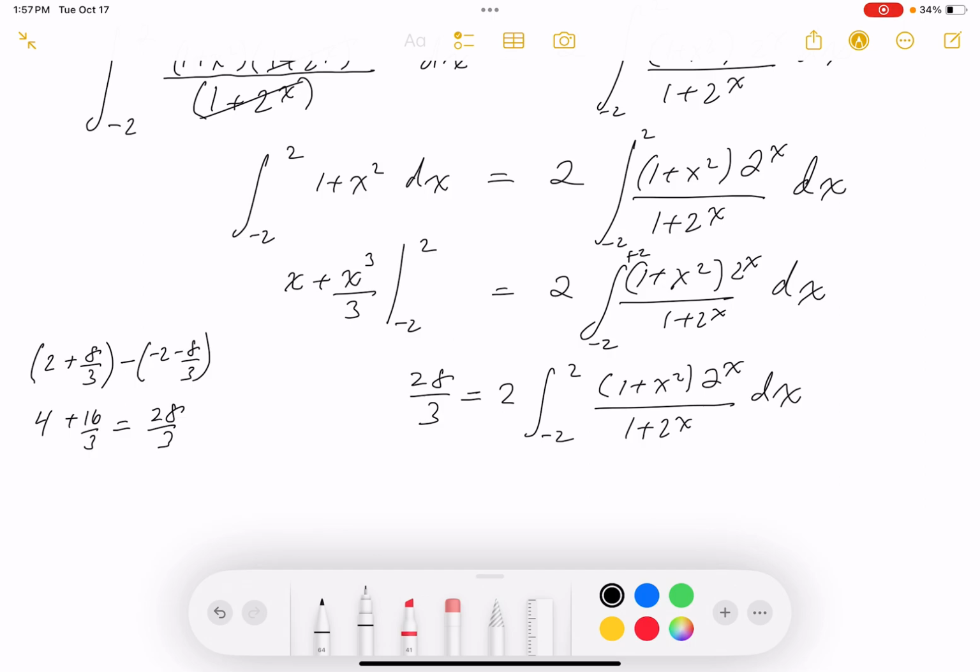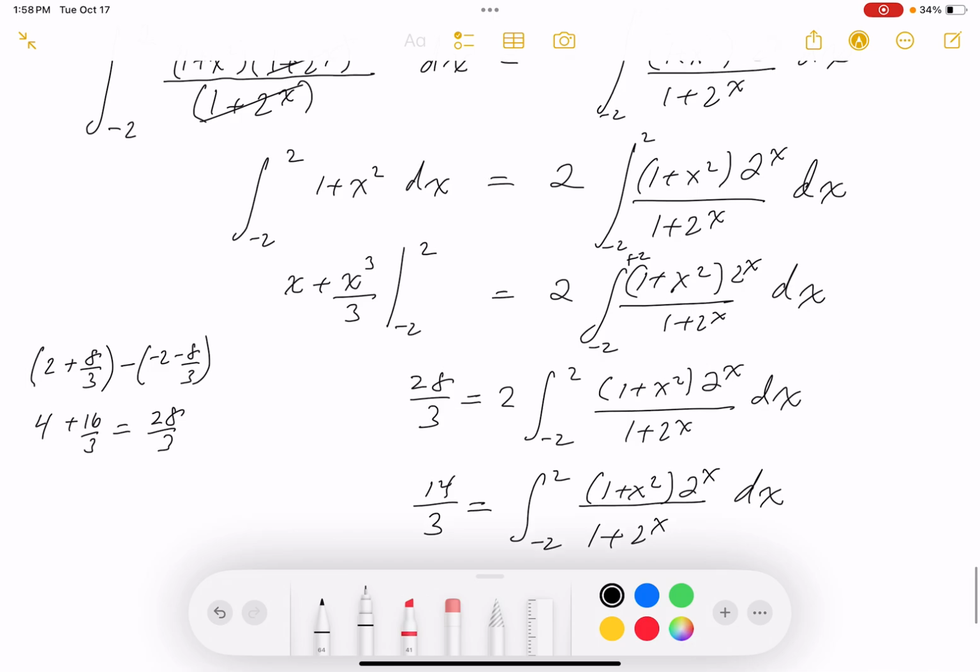I'm going to divide both sides by 2. And what do you get? You get 14 thirds equals the integral from minus 2 to 2 of (1 plus x squared)(2 to the x)/(1 plus 2 to the x) dx. Wow, what's that thing?